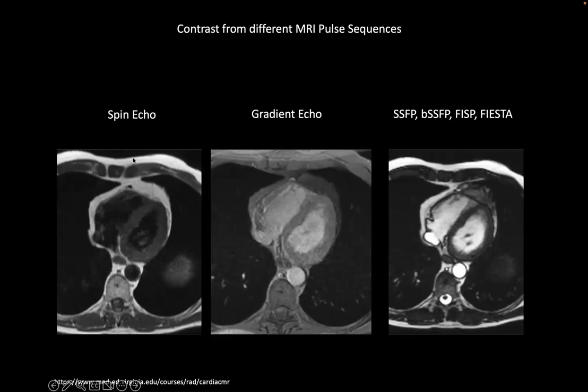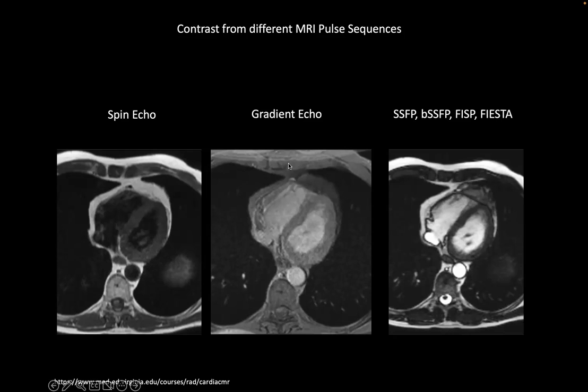However, you get very bright signal from fat. Fat has a short T1, so it recovers magnetization quickly, and it has a relatively long T2, and so it looks quite bright on these spin echo images.